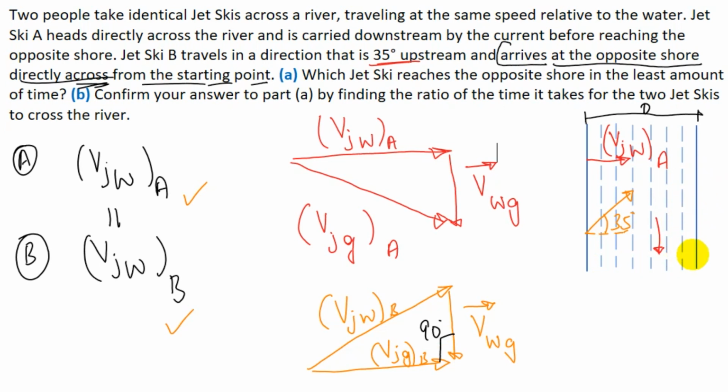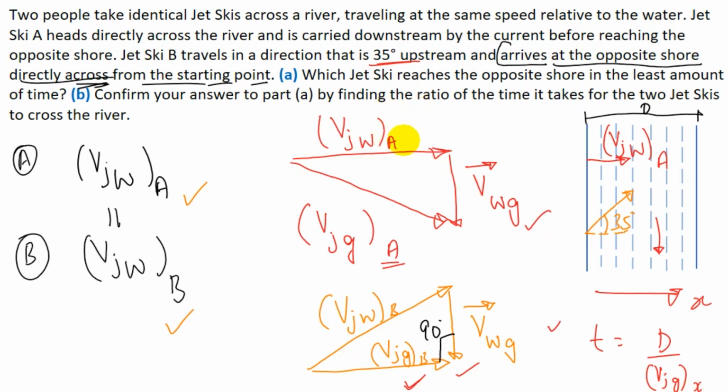Now there are two parts that we need to solve. In part A, we need to tell which jet ski reaches the opposite shore in the least time. Now we know that the time required for each jet ski would be equal to the distance covered, which is D here, divided by the x component of the jet ski velocity relative to ground. So this is VJG, and we have to take the x component.